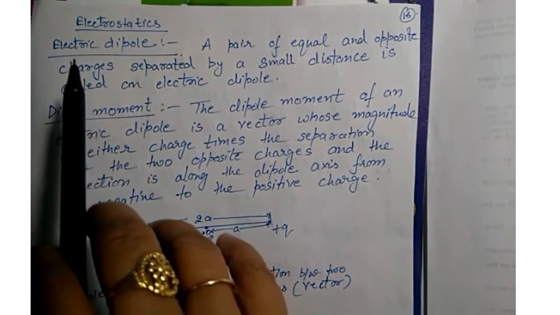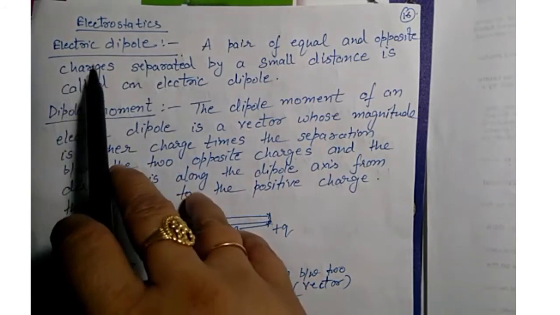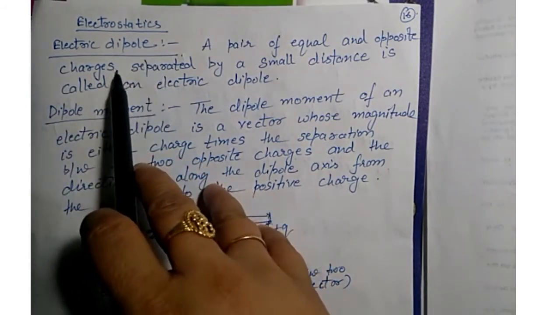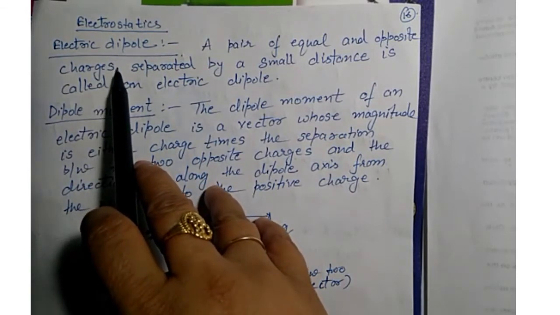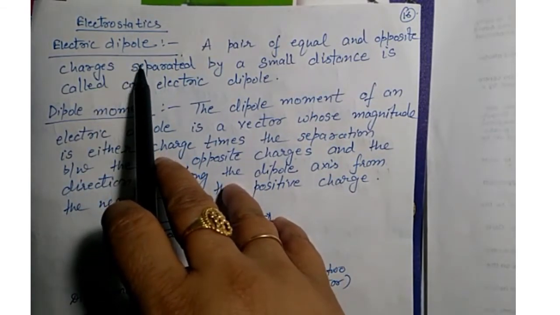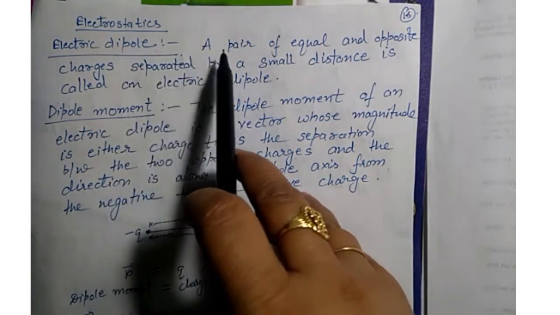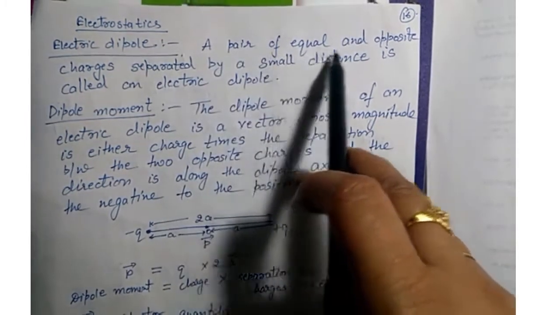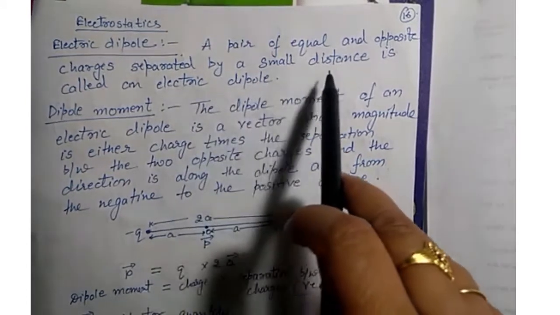So students, our next topic in electrostatics is electric dipole. As the name suggests, electric means charges, di means two, and pole means polarity or opposite charges. So an electric dipole is a pair of equal and opposite charges separated by a small distance.